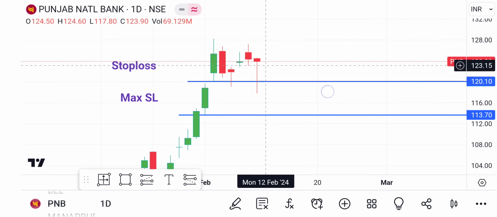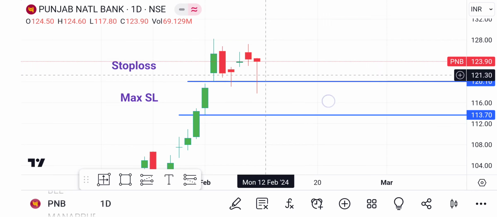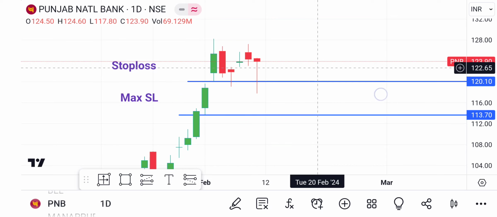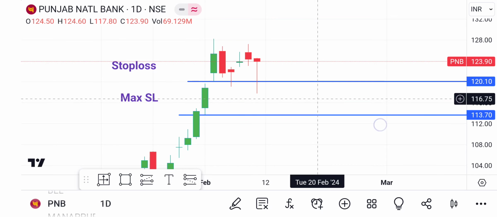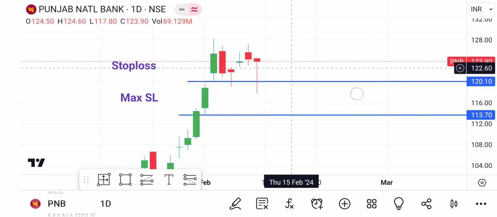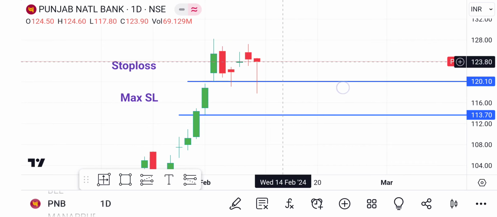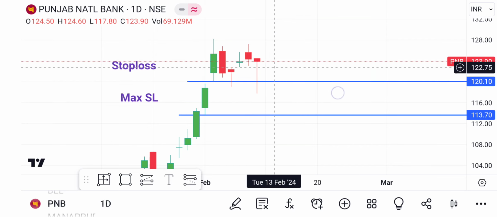But here, even though your risk is low, there is only 3 points, the chances of the trade working in your favor are also less, because we cannot say how long this will consolidate and when it will break down. You cannot guarantee this. So there is less chance in your favor if you take entry here, but the stop loss, that is the risk, is also less. This is the first method.